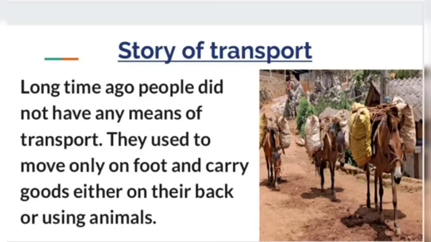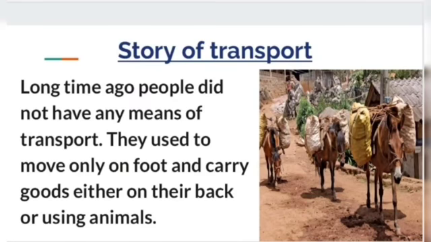Story of transport. So students, long time ago, before many years, people did not have any means of transport. They used to move only on foot, means only by walking, and carry goods either on their back or by using animals.